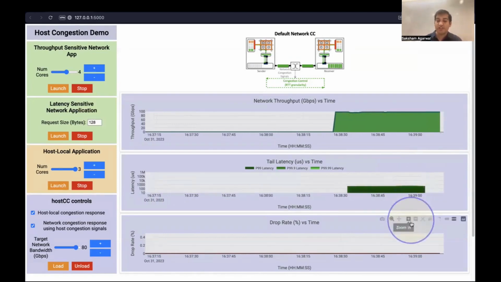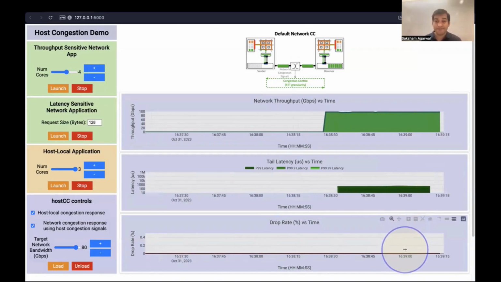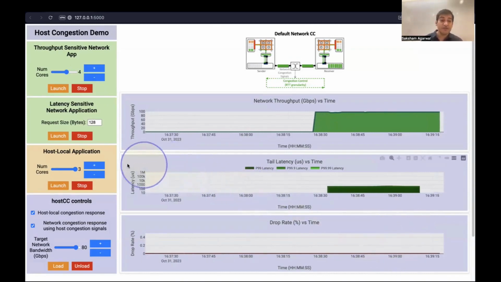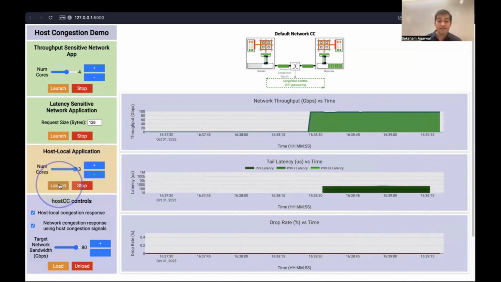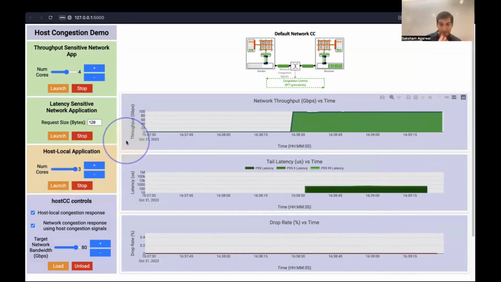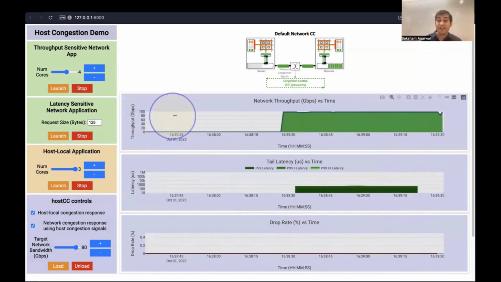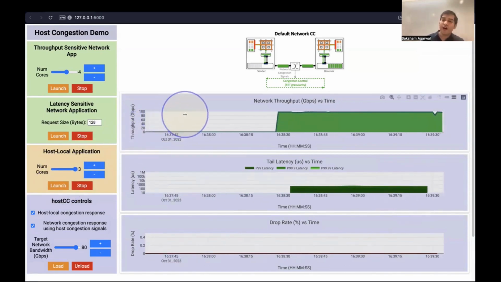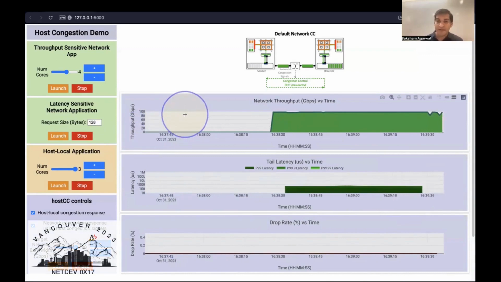As expected, since there is no congestion right now, the drop rates are near zero. I will now introduce host congestion by running an instance of the memory-intensive application. This will lead to significant performance degradation for network apps. I'll tell you why and how this degradation happens in a bit, but let me first showcase its impact.